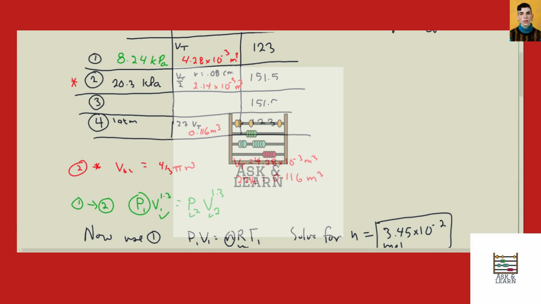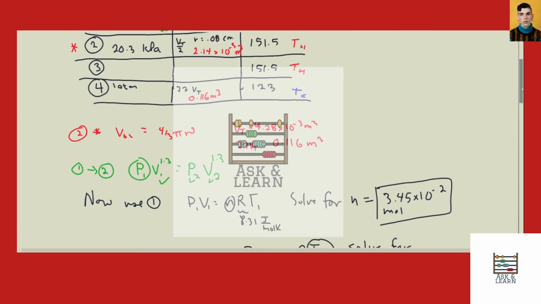And that's nice because we now know both the low temperature and the high temperature. And that is definitely important for the operation of a Carnot cycle. But while we're at it, we have a few more things to fill out, so we might as well go ahead and fill those out.